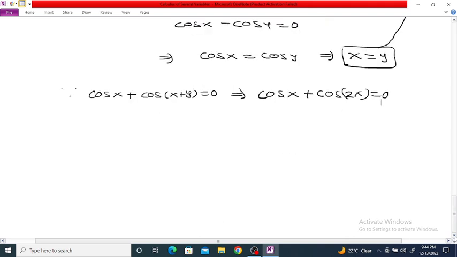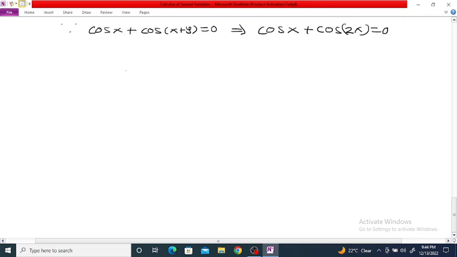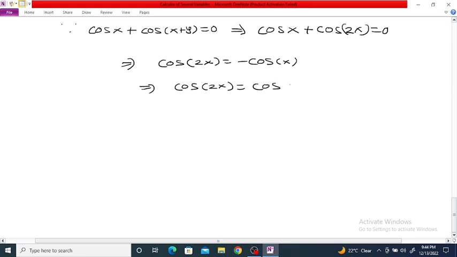Now if you simplify this, we get cos 2x is equal to minus cos x, but we know that minus cos x is nothing but cos of (pi minus x). So cos 2x is equal to cos of (pi minus x). So if we equate on both sides, we get 2x is equal to pi minus x.